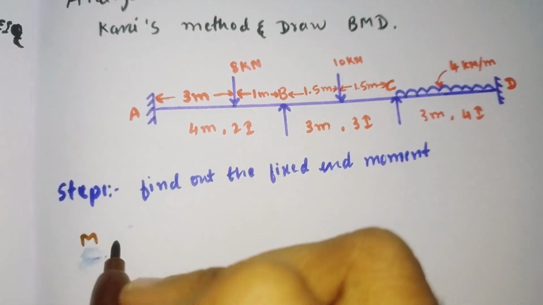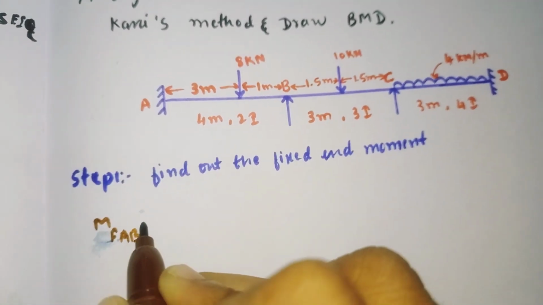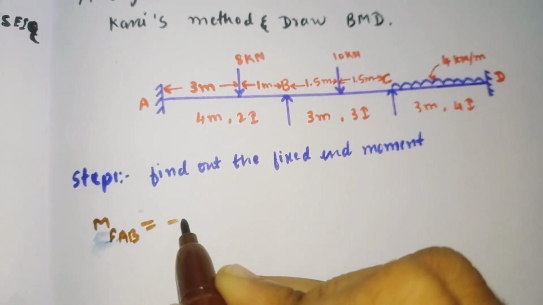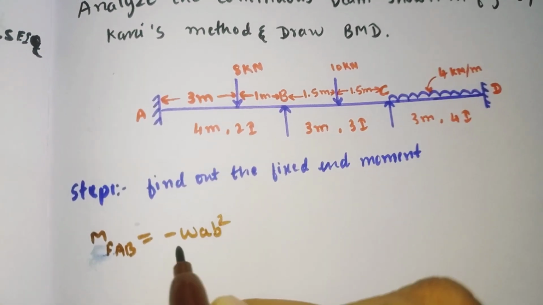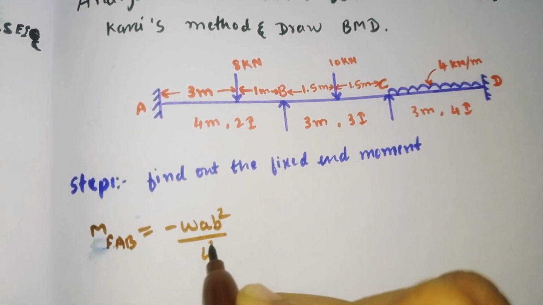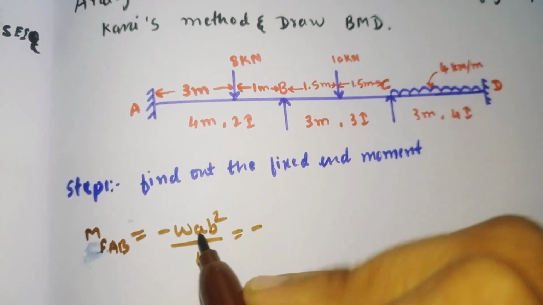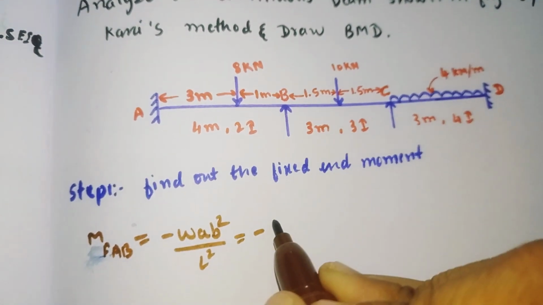So now MFAB is equal to minus W A B square divided by L square. Substitute all the values. The load is 8 kilonewton.